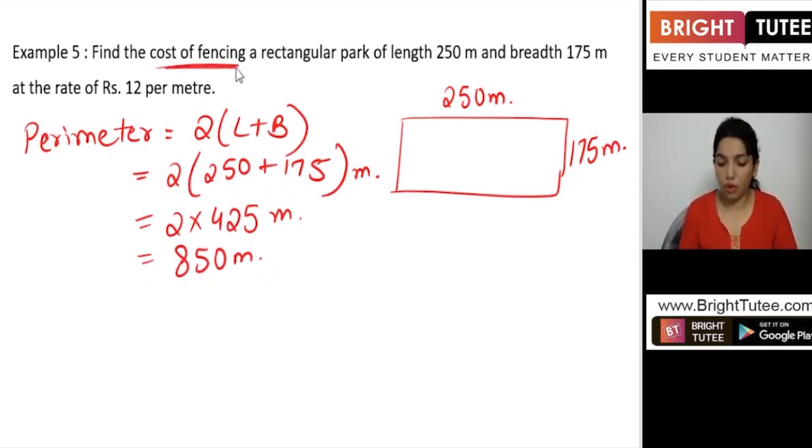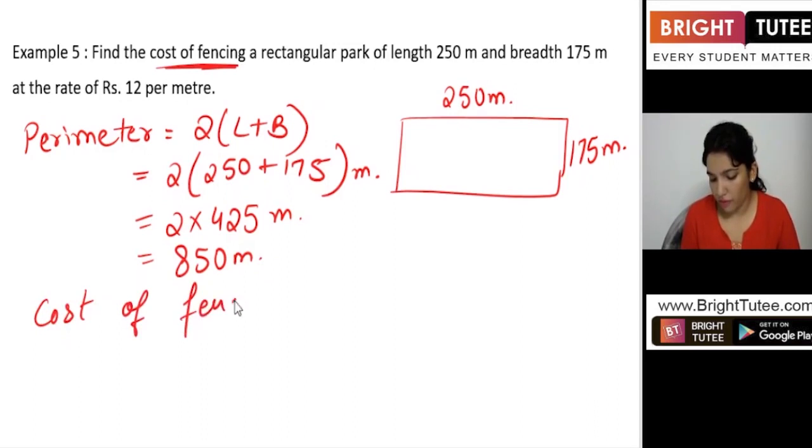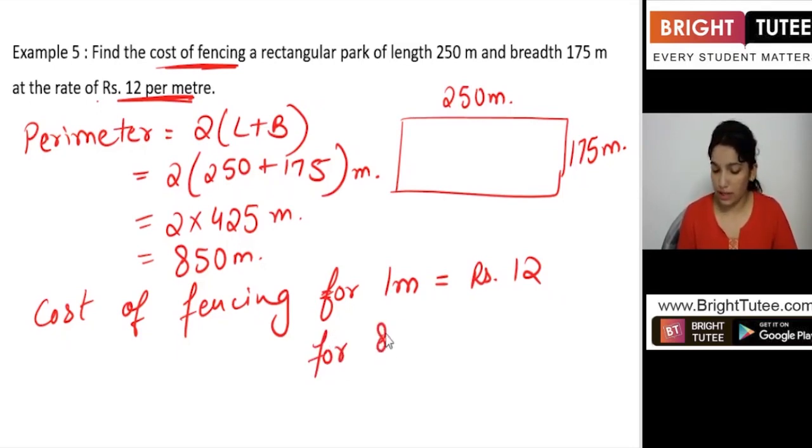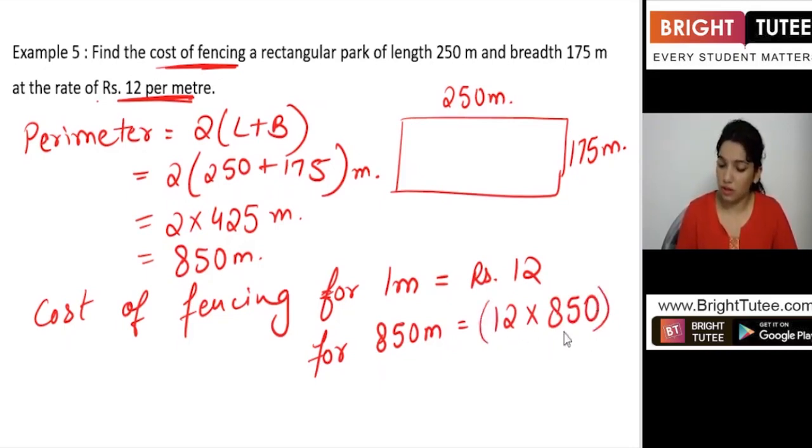Right, we need to find the cost of fencing. That is the main question. So cost of fencing, right, because it says 12 rupees per meter. Per meter means for 1 meter. Cost of fencing for 1 meter is equal to rupees 12. So cost of fencing for 850 meters is equal to 12 times 850, and we are calculating the amount, so this needs to be in rupees.